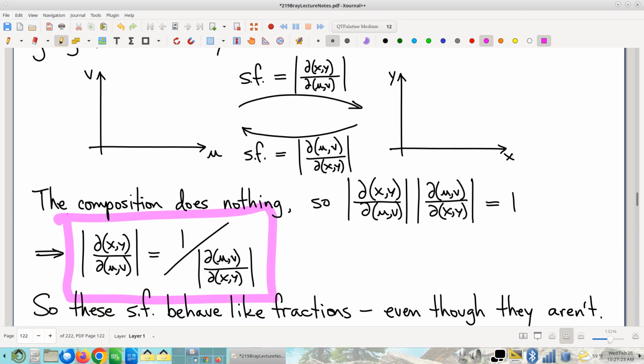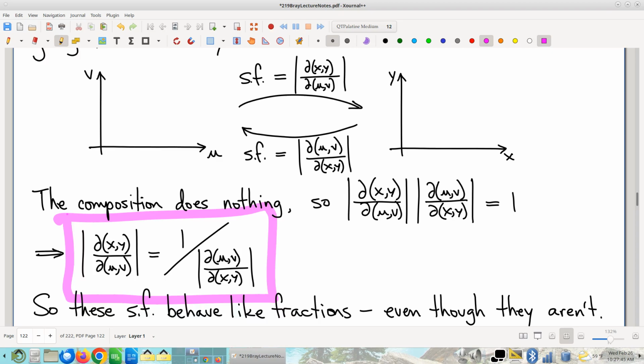This is not an obvious statement about determinants. In fact, it's not even clear that the matrices whose determinants we're looking at are immediately related to each other. That's another whole question. So the fact that these determinants behave like fractions is not obvious, but it is satisfying.